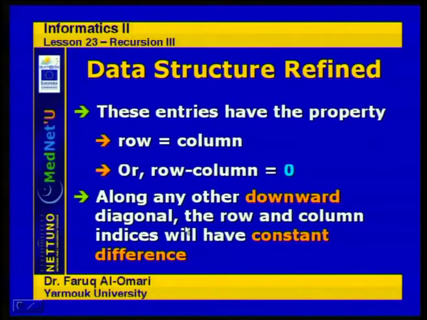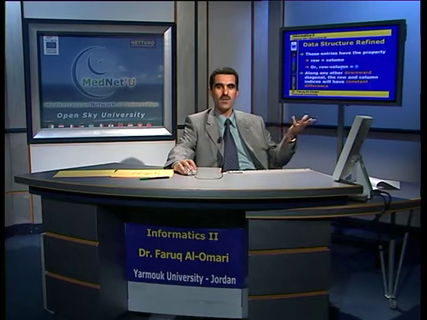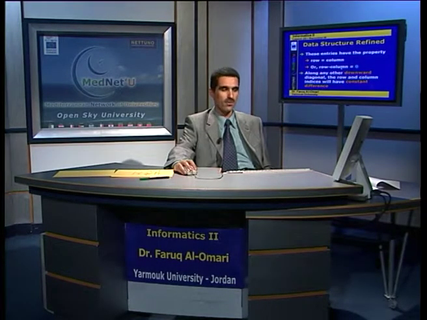Along any other downward diagonal, not necessarily this main one, if you look deeply into the numbers of the columns and rows, we're going to realize that I always have a constant difference when I take row minus column. Always constant. So that's a way of knowing whether I'm on the same diagonal or not.